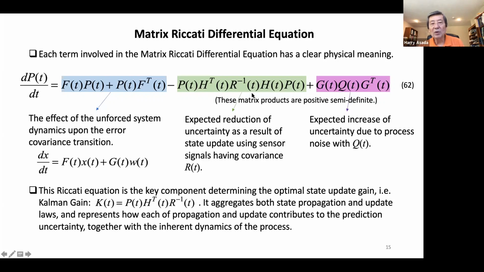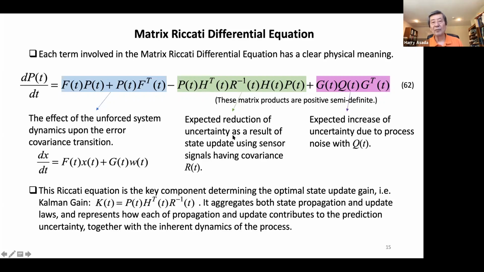So this one is positive, but with this negative sign, it tends to reduce the PT, okay? Expected reduction of uncertainty. Basically, PT is an error covariance, so this shows the level of uncertainty. Expected reduction of uncertainty as a result of state update using the sensor signals, where the sensor has error covariance R.